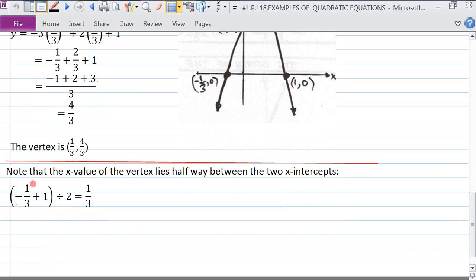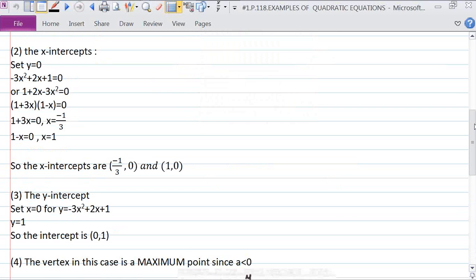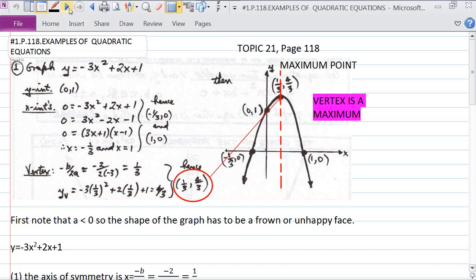If I add minus a third plus 1, I get 2/3. 2/3 divided by 2 gives me a third, which is the x value of the vertex.